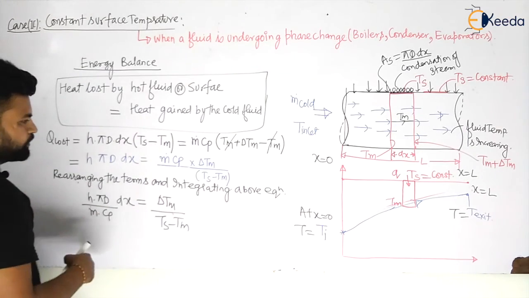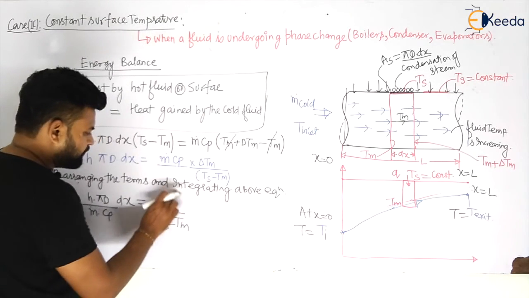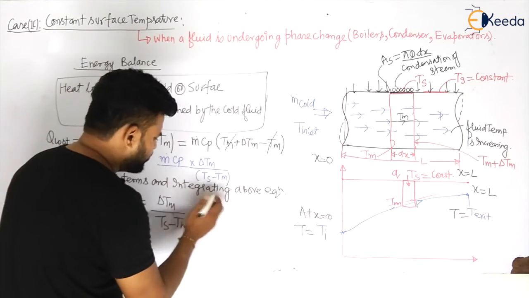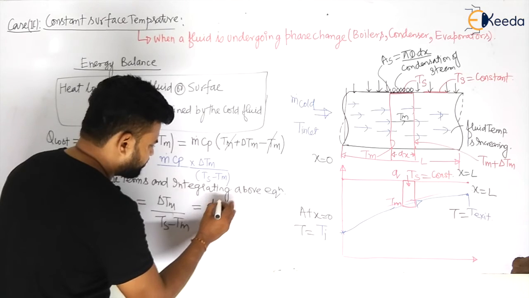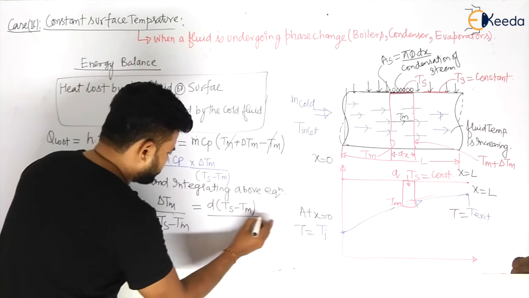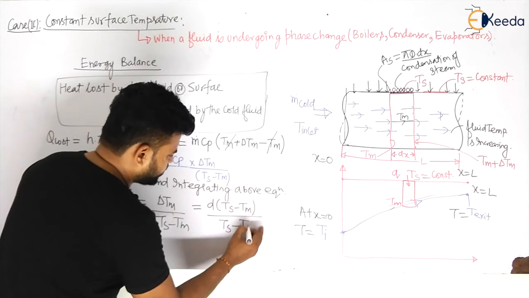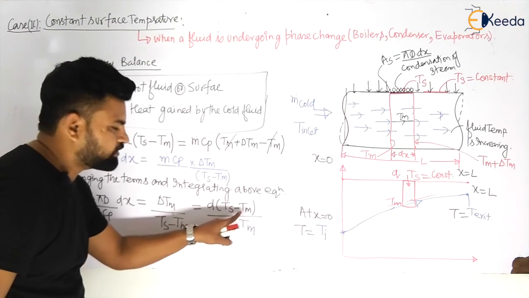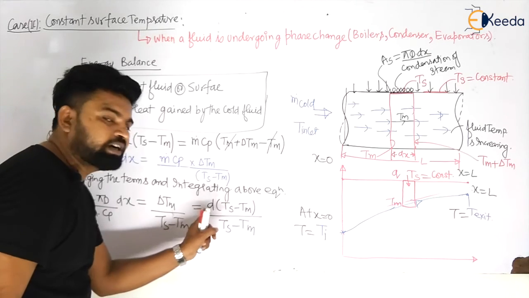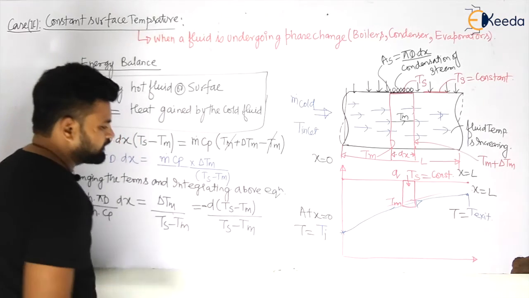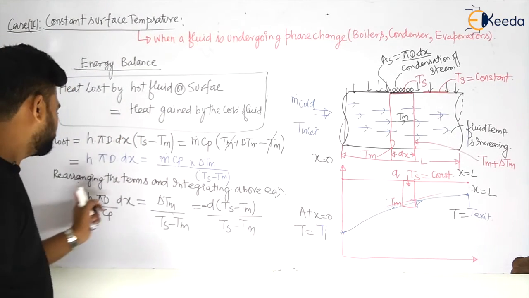Now let us put the terms. Delta Tm is what? Ts minus Tm. If I want Ts minus Tm outside, I have to write it as d of Ts minus Tm divided by Ts minus Tm. But when you differentiate it, you will have Ts minus Tm means delta Tm with a minus sign coming outside. To balance this sign, I will use a minus here and take this term to this side.